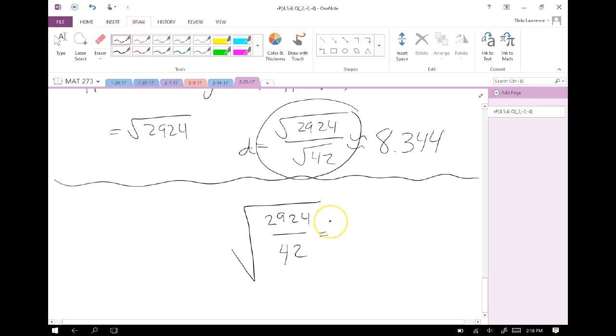So I do the division, but then I tell my calculator to change it back to a fraction, and it will change it back to a simpler fraction. And if they want you to rationalize, we're going to have to separate it again.